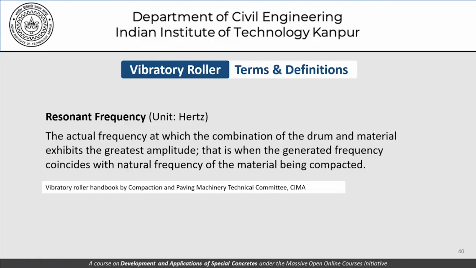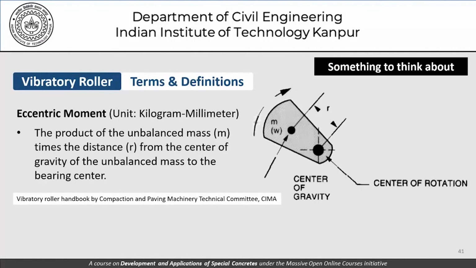As far as the mechanism is concerned, we have this eccentric moment, which is the crux as far as the roller vibrations are concerned, and we have the product of an unbalanced mass m, which is shown here, times the distance r, which is the distance of the center of gravity of the unbalanced mass to the bearing center.